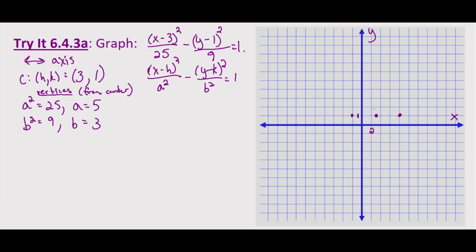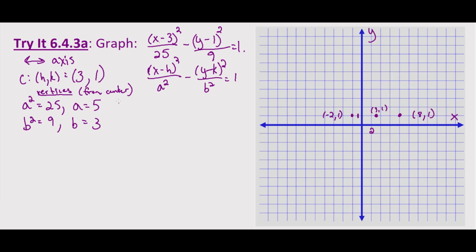So remember our center is at 3, 1. So this point over here is 8, 1, in case you have just a bigger piece of graph paper that you're using and you're using the scale of 1. And then this vertex over here is 3 minus 5, which is going to be negative 2, 1.